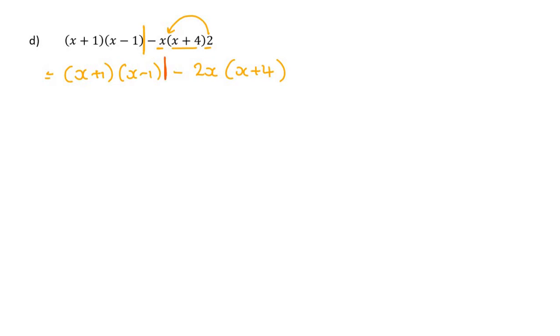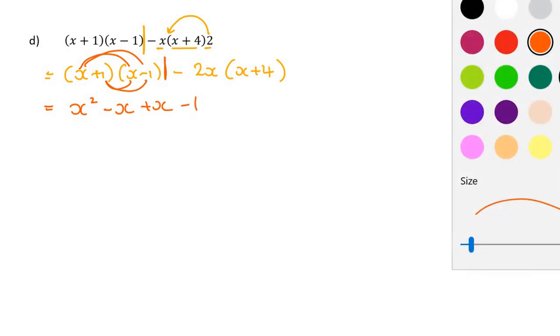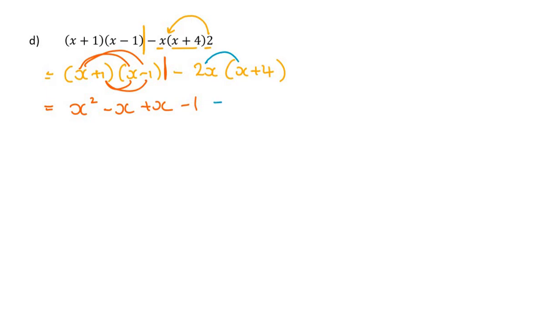So I still have 2 terms. Let's go multiply out. X times x, x squared, minus x, plus x, that's that pattern again where the middle terms cancel, minus 1. Second term minus 2x squared minus 8x. Now I don't need any brackets there because I've multiplied everything out.